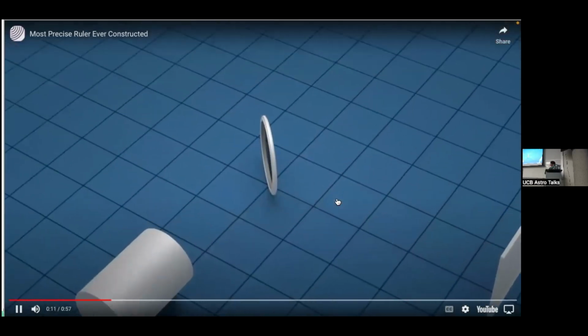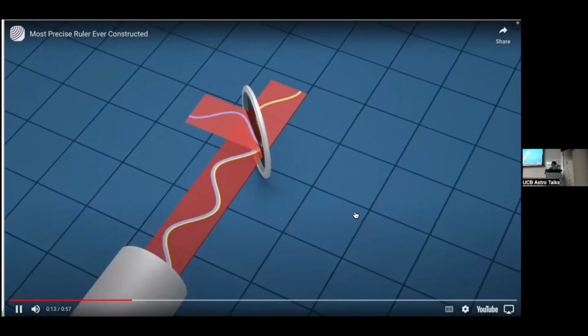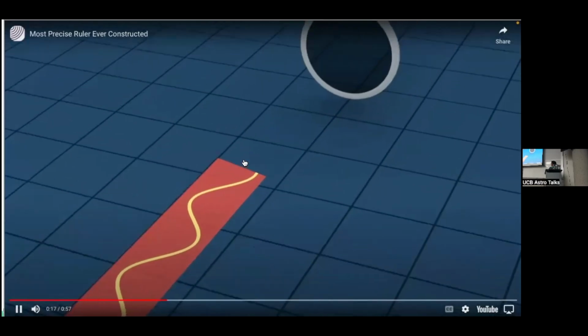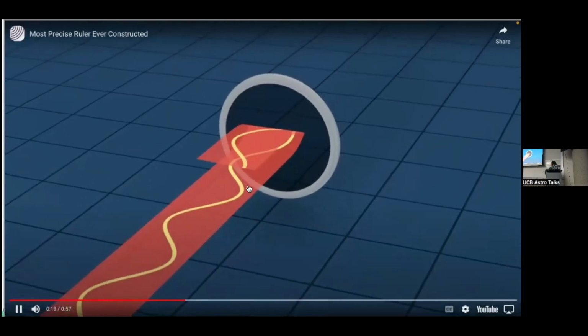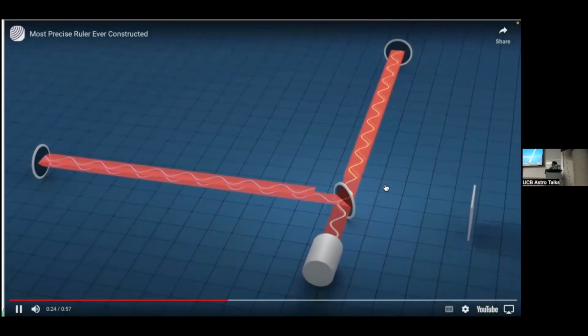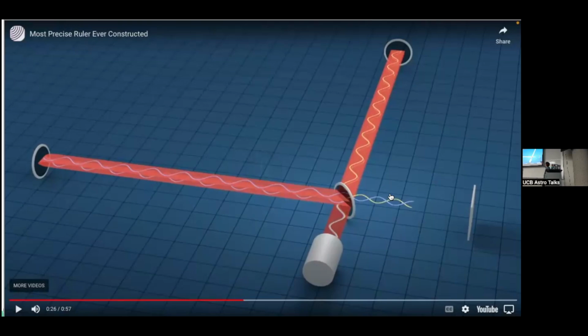And so, if we look a little bit more closely at what's going on, the beam splits, the laser goes along, hits the mirror, bounces back, and recombines. So you'll notice right here, light is a wave. And so it's going through the universe as a wave.